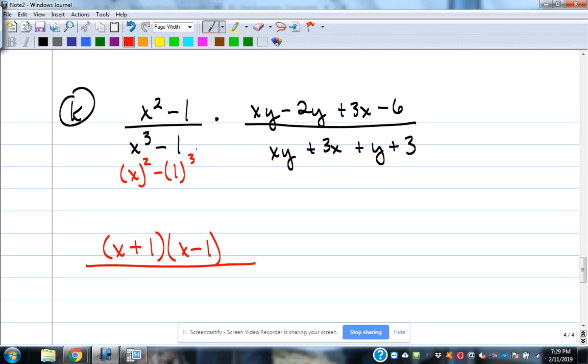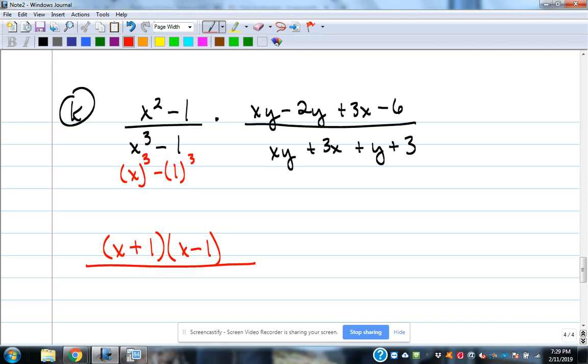Because 1 cubed is still 1, we've rewritten it as a cube right there, not a square. My brain got behind my hand. So this is x cubed minus 1 cubed. That is a difference of cubes.